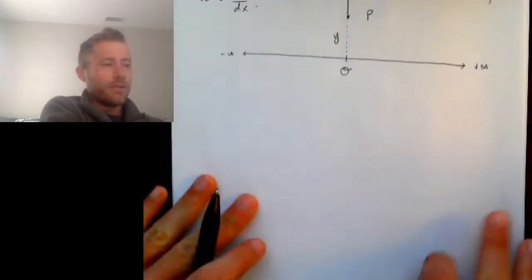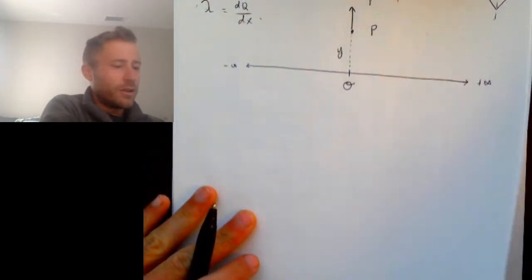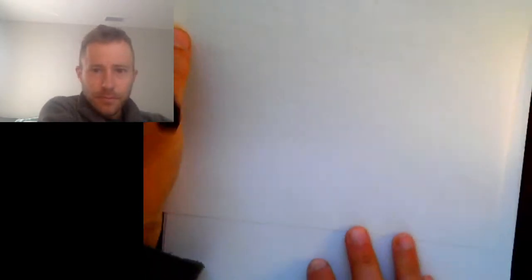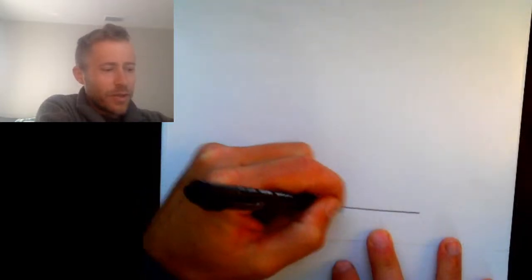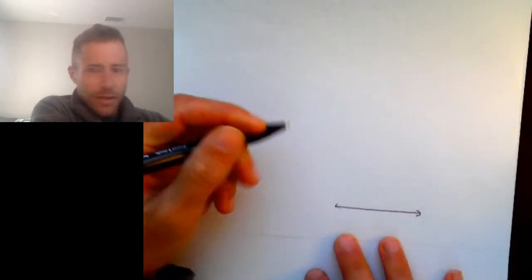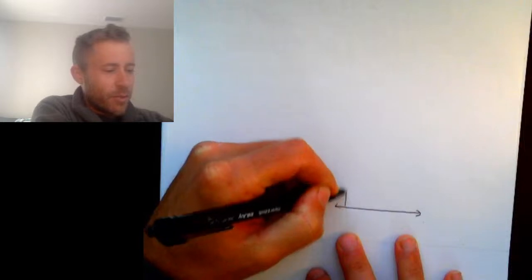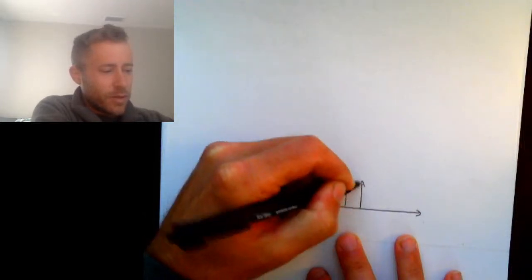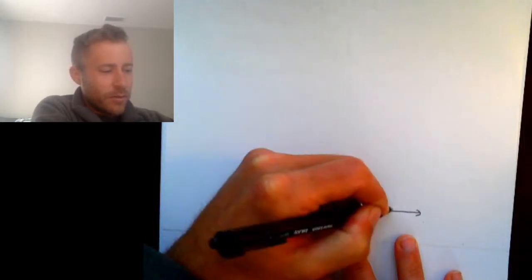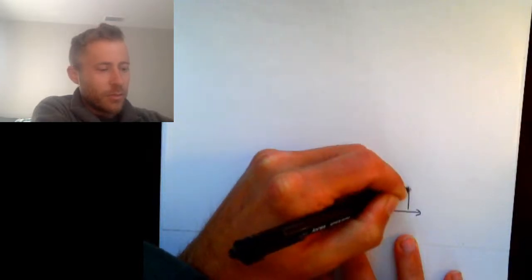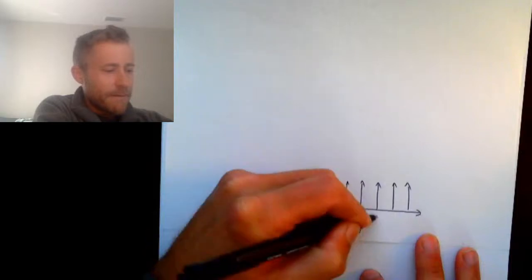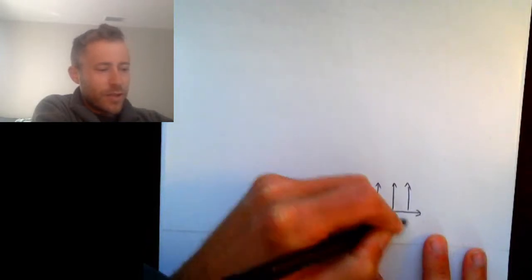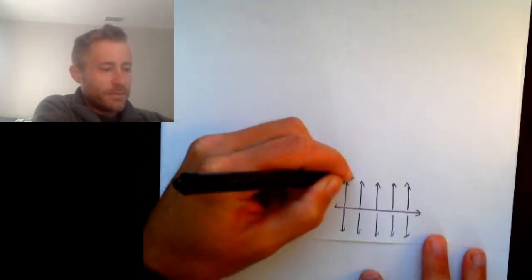I'll draw it down here at the bottom of the page, just so that we can see that. So if this is your infinite line of charge, then your electric field lines point directly away from the line of charge. And if you're below the infinite line of charge, they point directly down. Okay? So this is a side view.